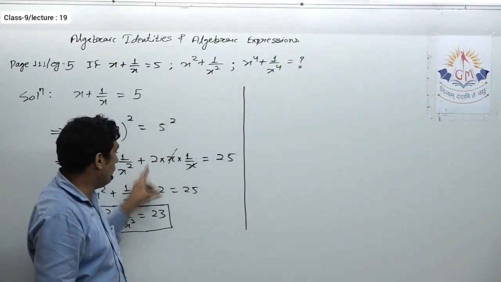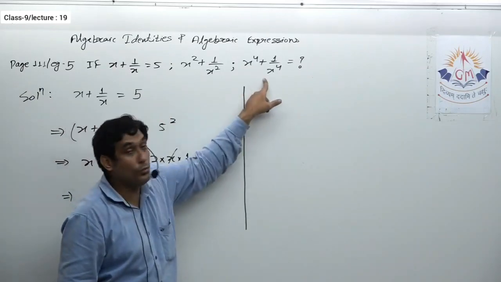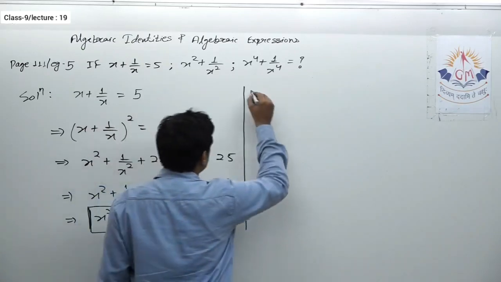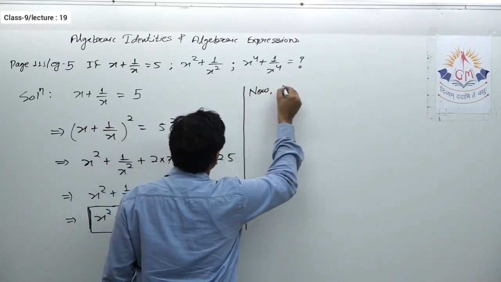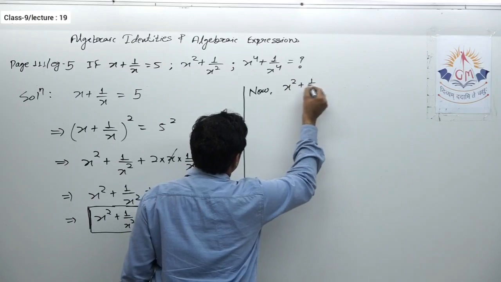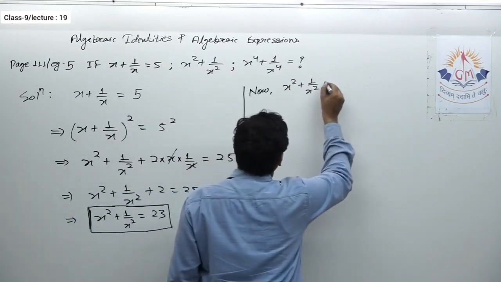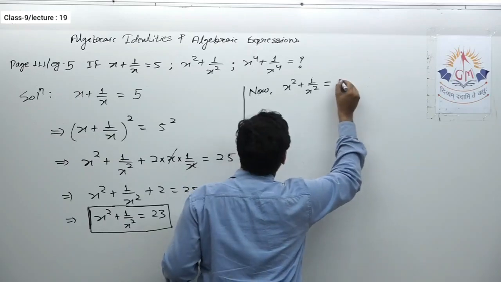That means you have to go through this process to obtain the value of this expression. So now x square plus 1 upon x square is equal to 23. That is given.